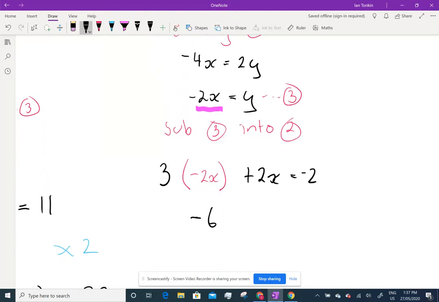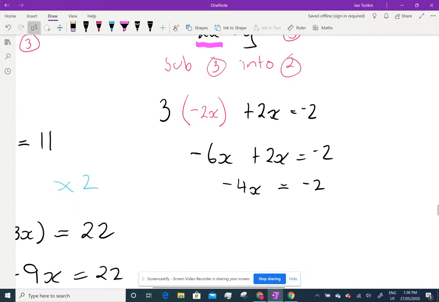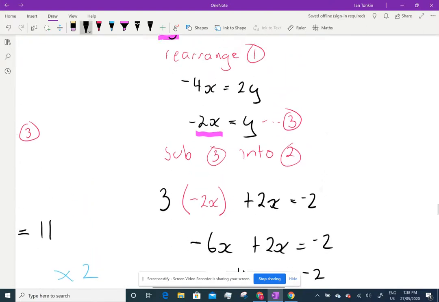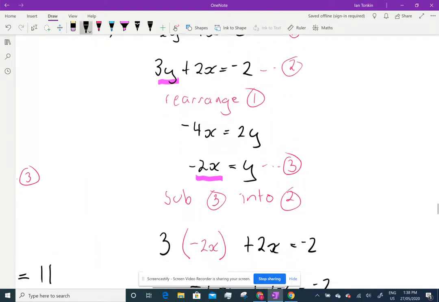That's negative 6x plus 2x equals negative 2. Negative 4x equals negative 2. x equals negative 2 over 4, which equals a half. I'm a bit worried now because I've got a fractional answer, but we'll see how we go.